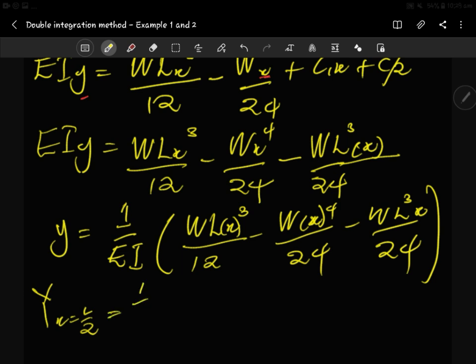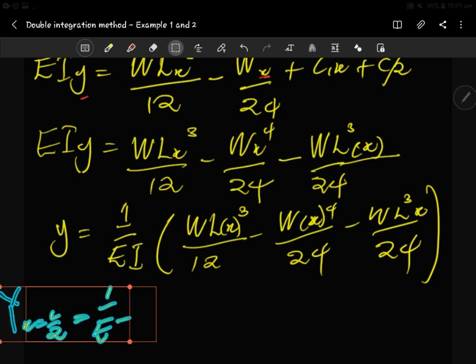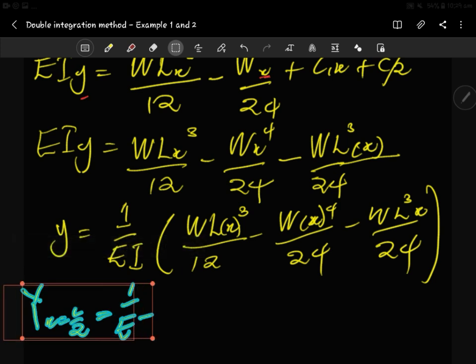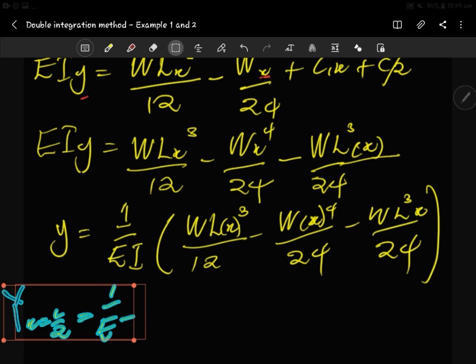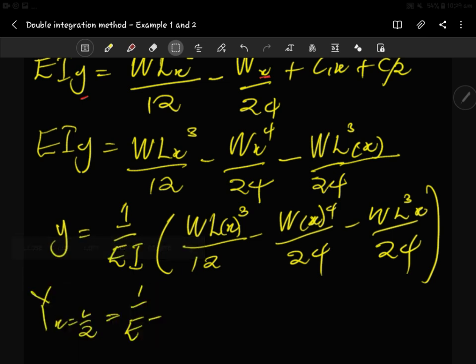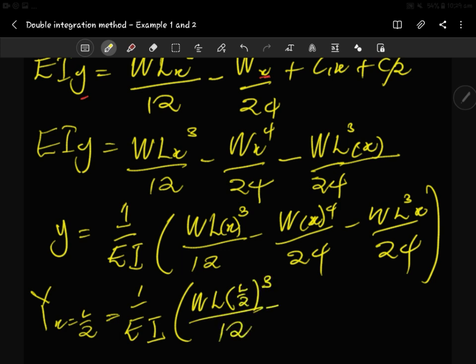We'll get 1 on EI, W L times L on 2 cubed on 12, minus W, L on 2 to the power 4 on 24, right?